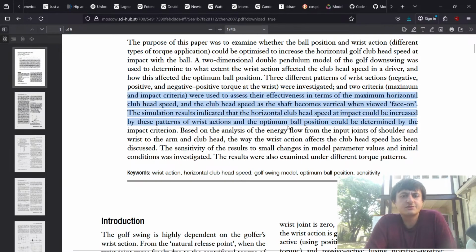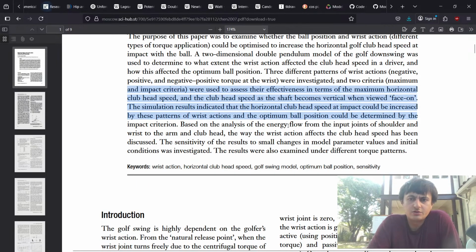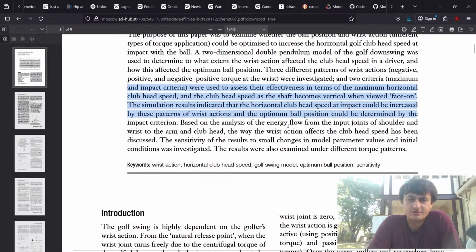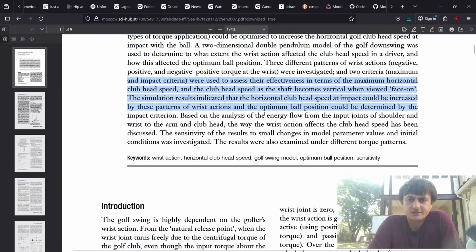The simulation results indicated that the horizontal club head speed at impact could be increased by these patterns of wrist action, and the optimum ball position could be determined by the impact criterion.